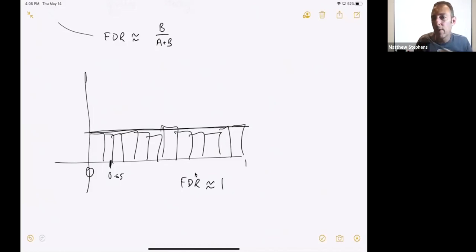And when you see a uniform histogram of p-values here, you know that either you did a very unpowerful test or the effect sizes are very small. It doesn't really matter which, you can't tell the difference. And so this procedure ends up saying, whatever your threshold, you can't be confident that you've got a low false discovery rate.